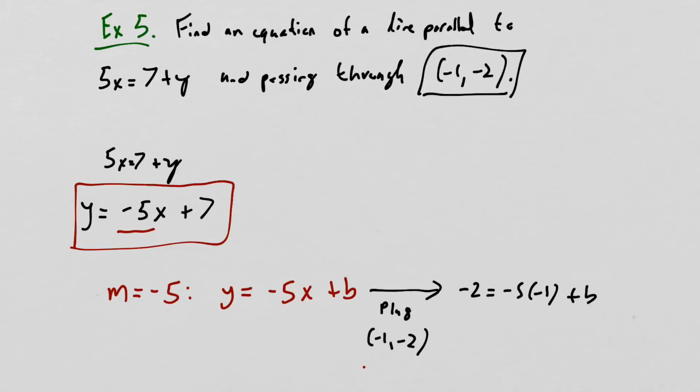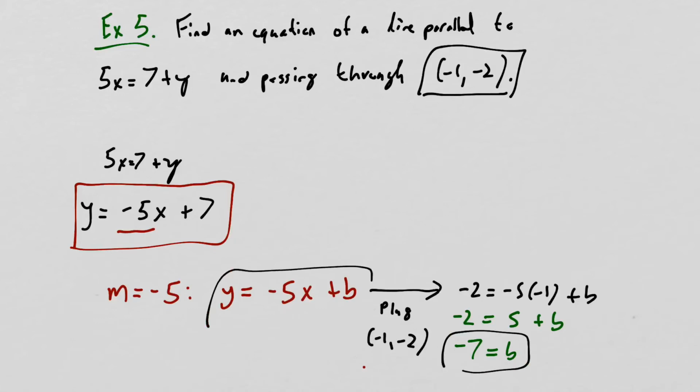Solving for b, we'll get that negative 2 is equal to 5 plus b. Subtracting 5 from both sides, we'll get negative 7 is equal to b. Plugging negative 7 is equal to b into our parallel line equation, our final answer will be y is equal to negative 5x minus 7. And this is our final answer.